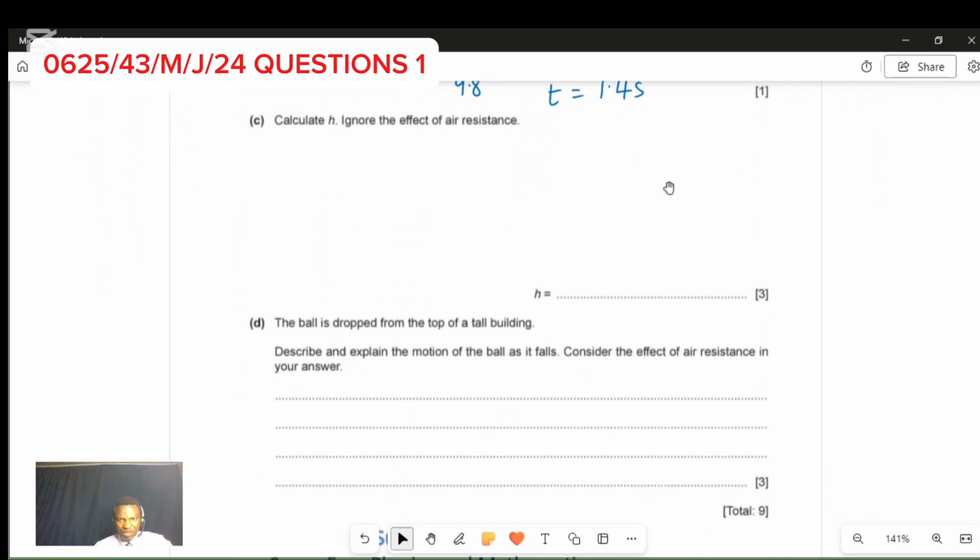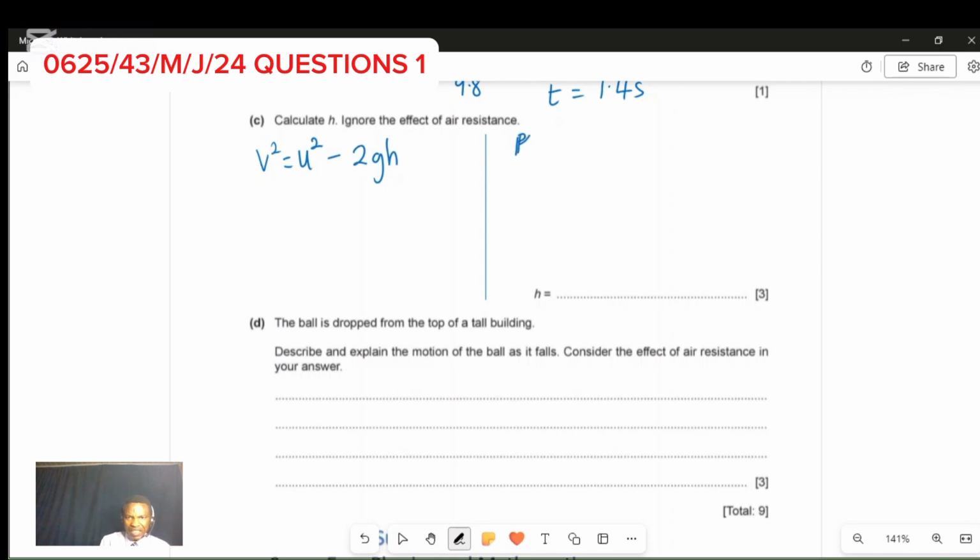Now the next one is calculate the height ignoring air resistance. There are two ways to calculate it. We can use the fourth equation of motion, v square equals u square minus 2gh, or we can use conservation of energy.